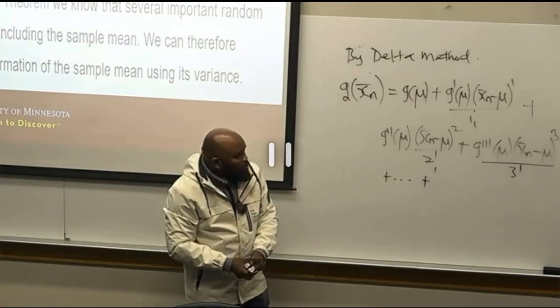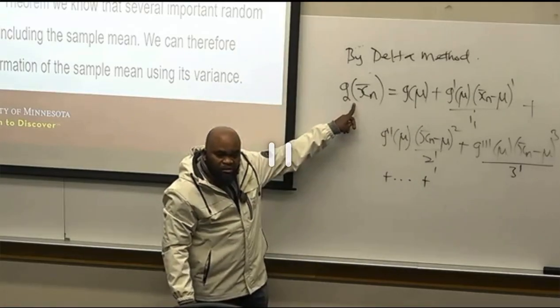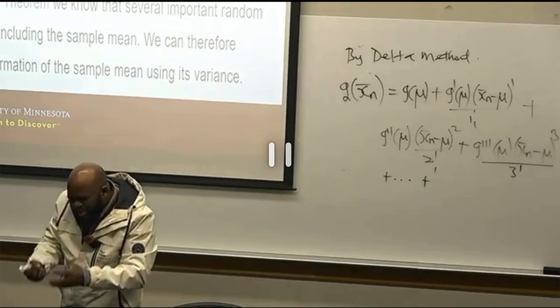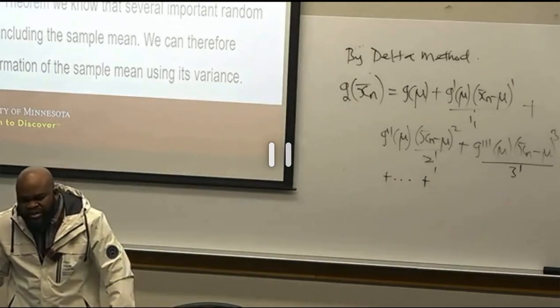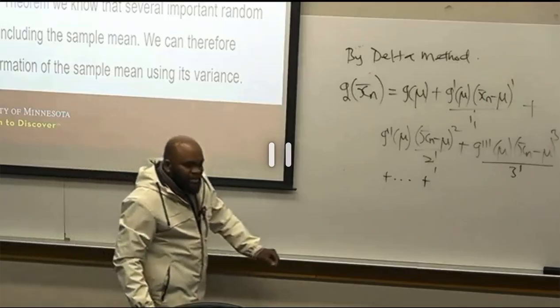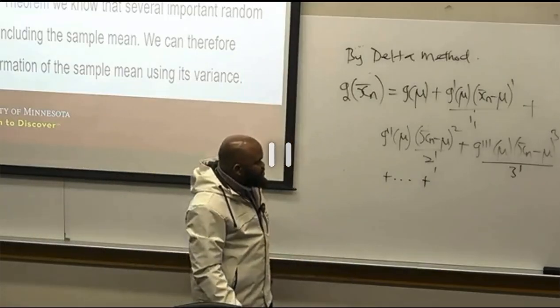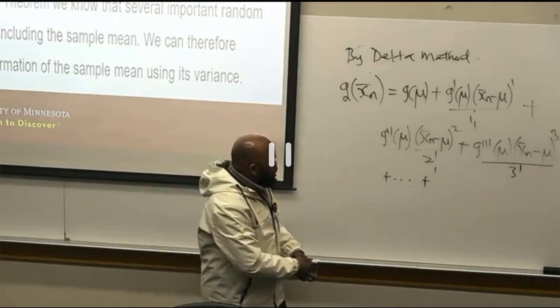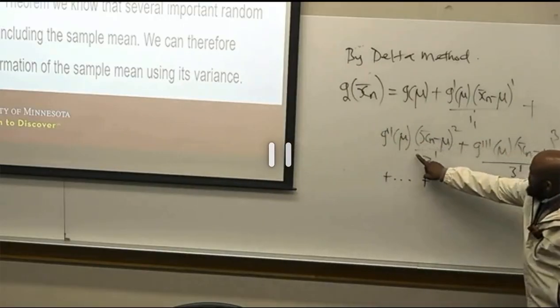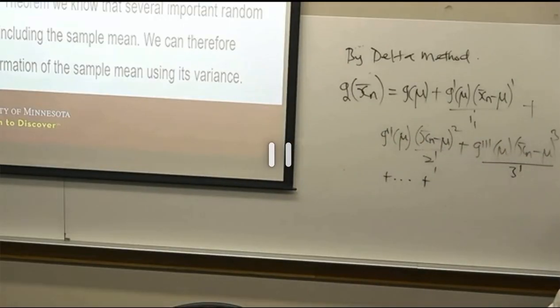Now what do we want to do here? We want a way to approximate the function of a sample mean, using the idea of a Taylor series. But you know what happens? Anything from second order and above, please pay attention.